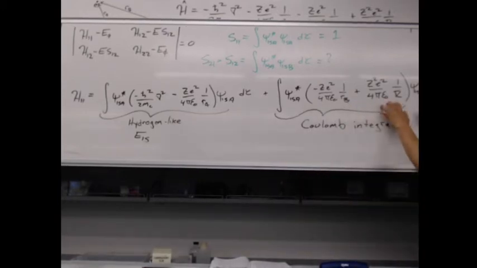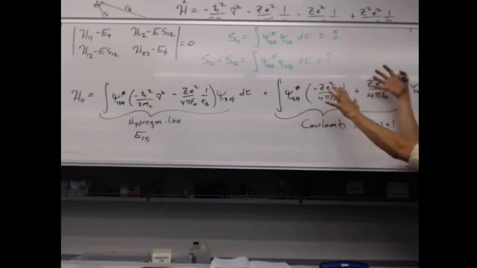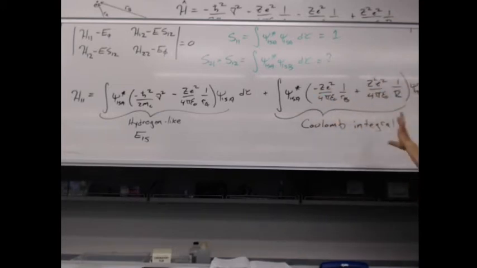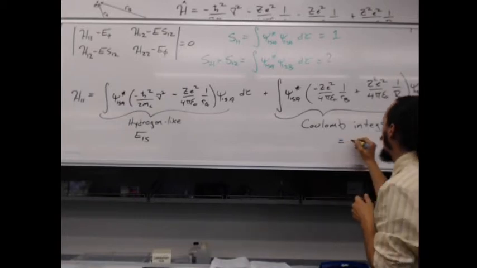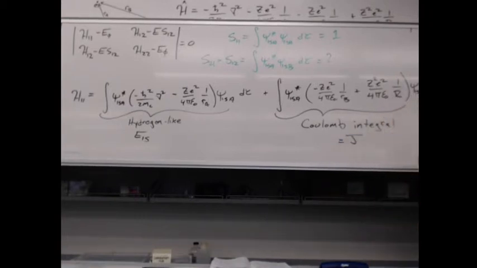And we're also taking into account how the nuclear repulsion term is playing a role. So this just looks like a bunch of Coulomb forces, different from our hydrogen attraction that we solved before. And we just call this integral J.